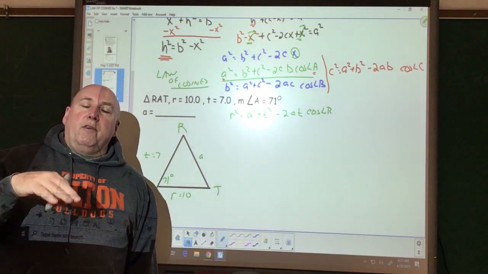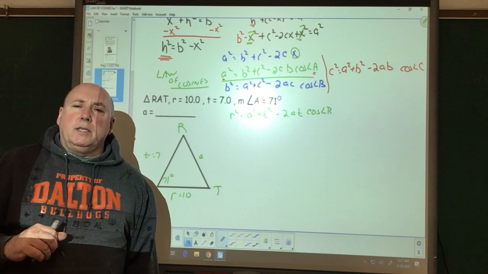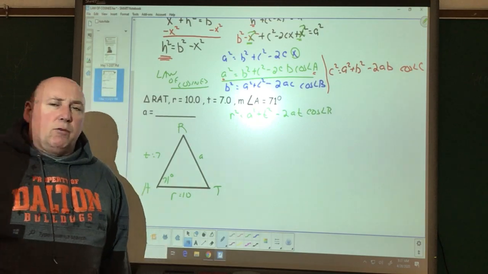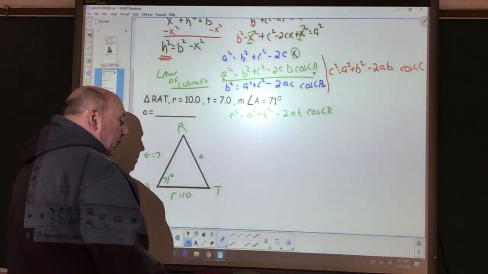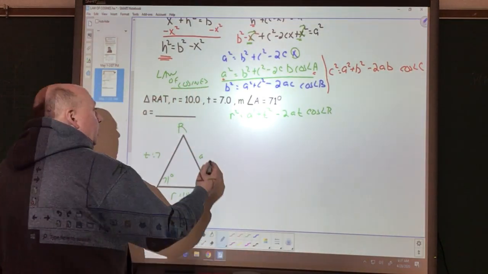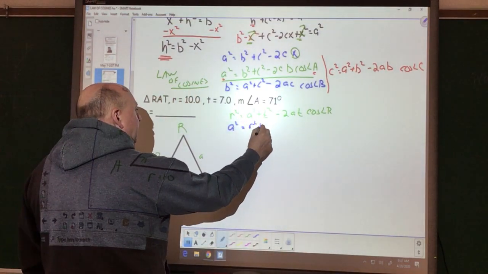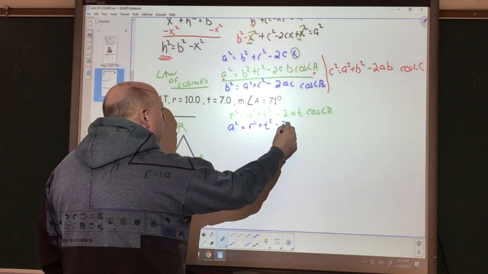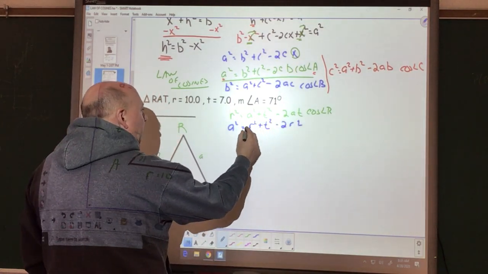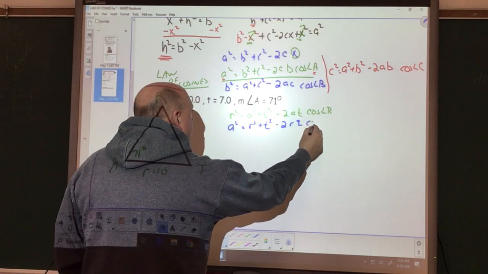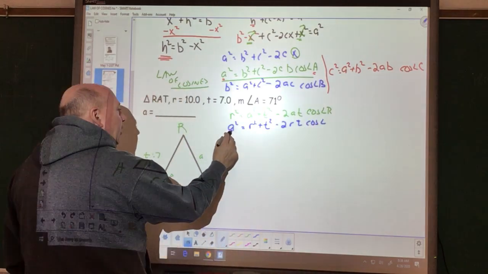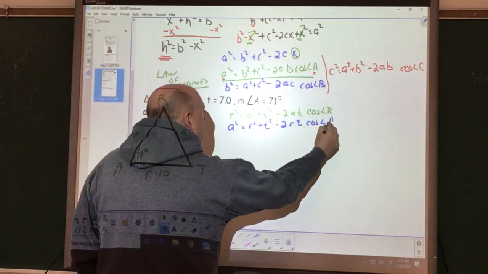So I want you to turn off your video, write the other 2 equations down, and then turn them back on and check. I'll write them down here and you can check. If I started with a squared, this is equal to r squared plus t squared minus 2rt. Once again, just rewriting here. Cosine of angle. If I have little a at the beginning, I have big A at the end.